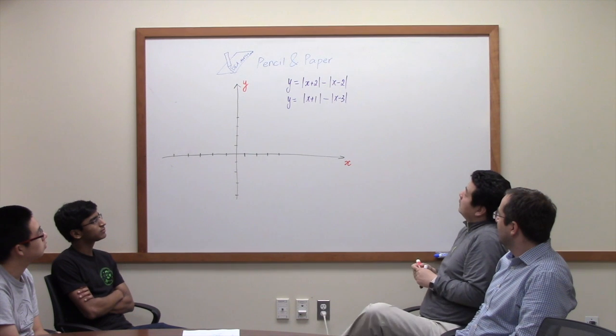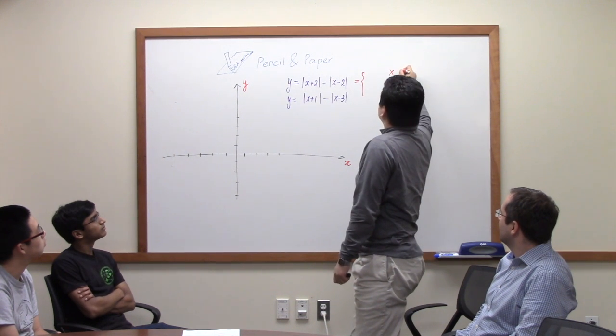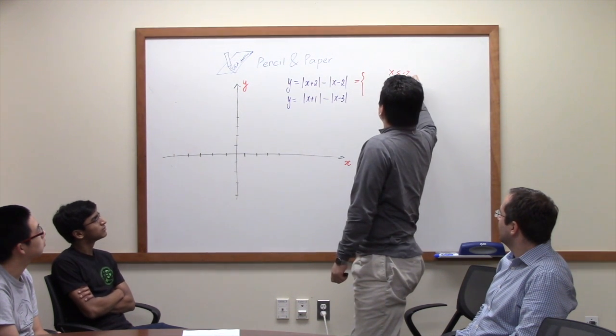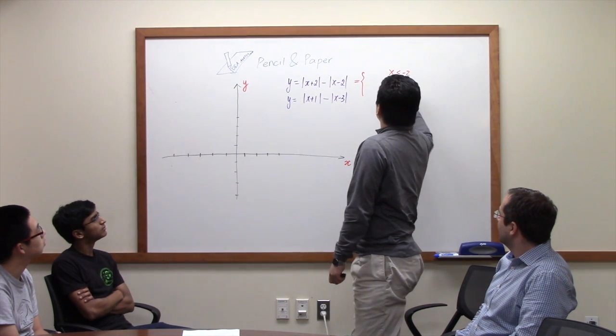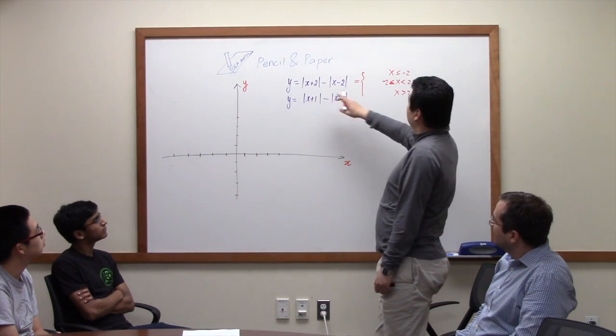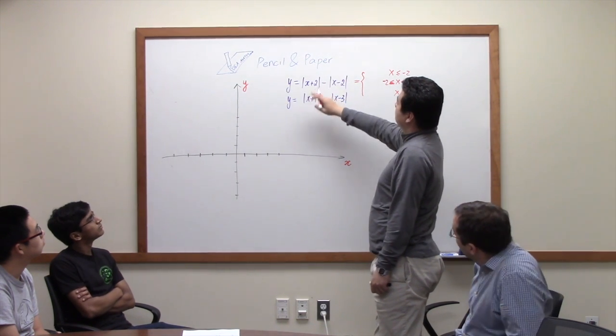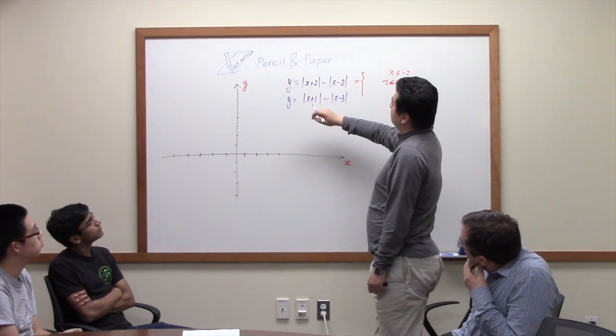So what are the things we should consider? Over here, we should consider x less than -2, x in between 2 and -2, and x more than 2, right? When x is less than -2, what happens? Both will be negative.